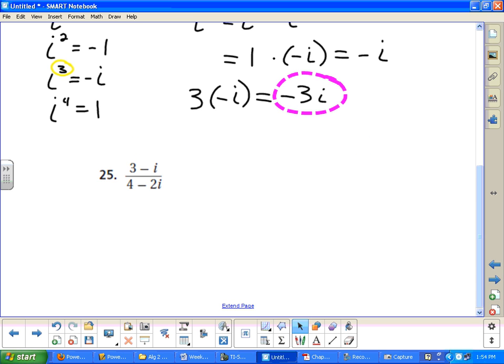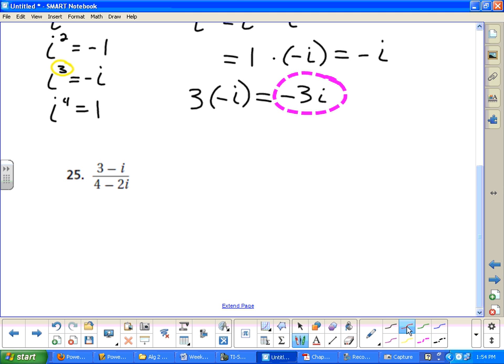Number 25 here. Now, we can't have i in the denominator. So that means we need to multiply by the conjugate of the denominator.